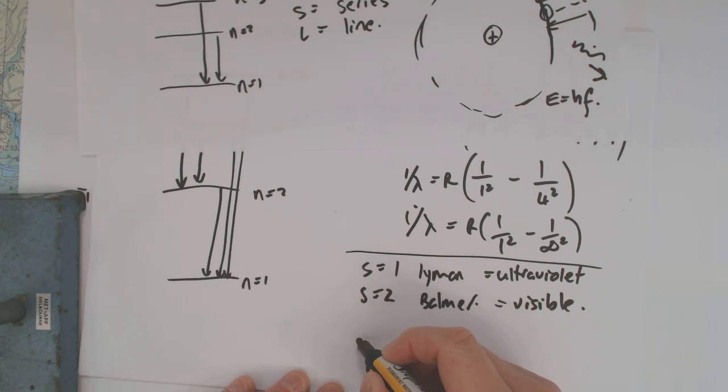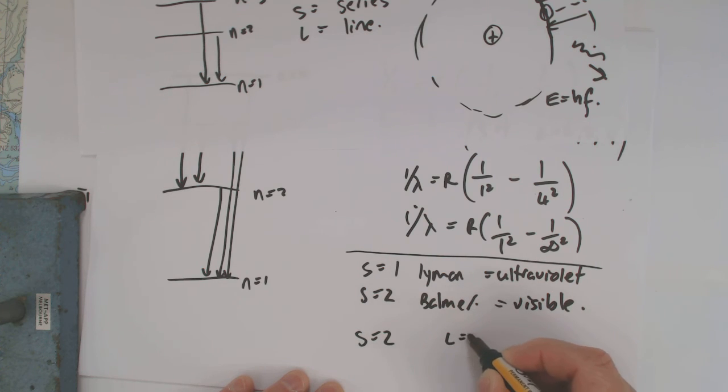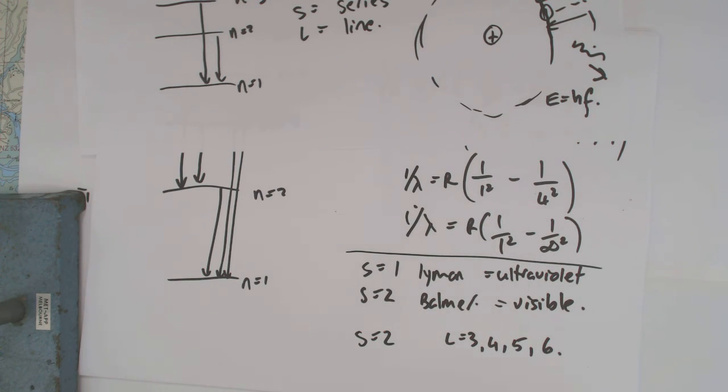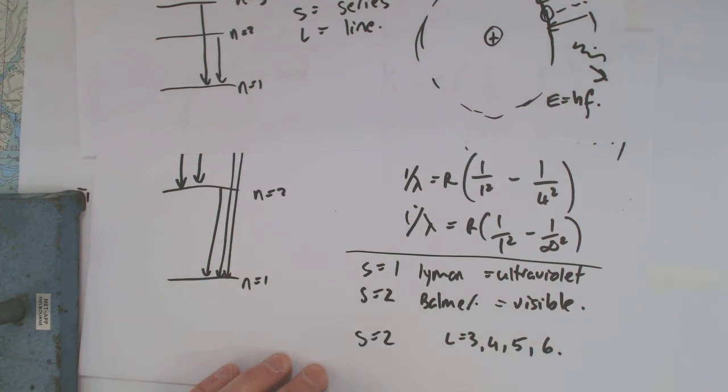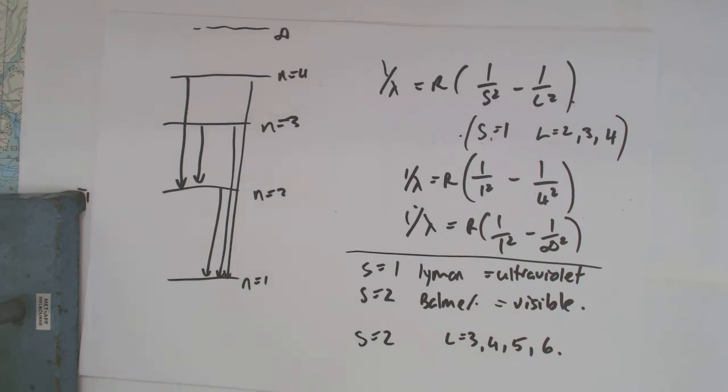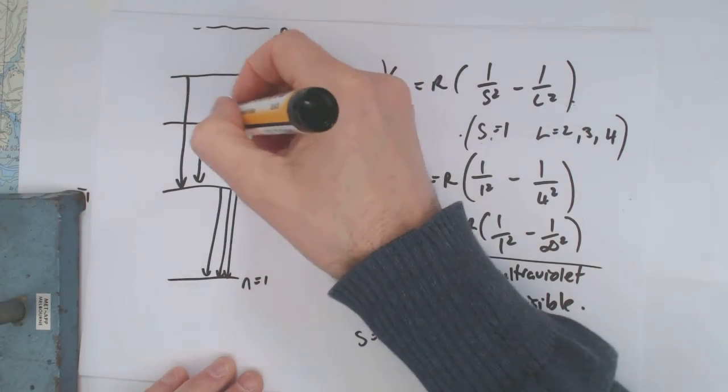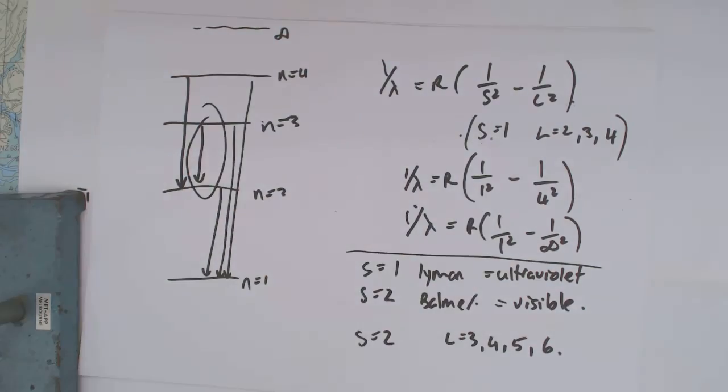And so that means that we can have s equals 2, l equals 3, 4, 5, and 6. 6 down to 2 will be the highest energy one, which will be the violet one. So we know that the red one, the lowest energy Balmer line, is going to be from 3 down to 2. That one there is going to be the red line.